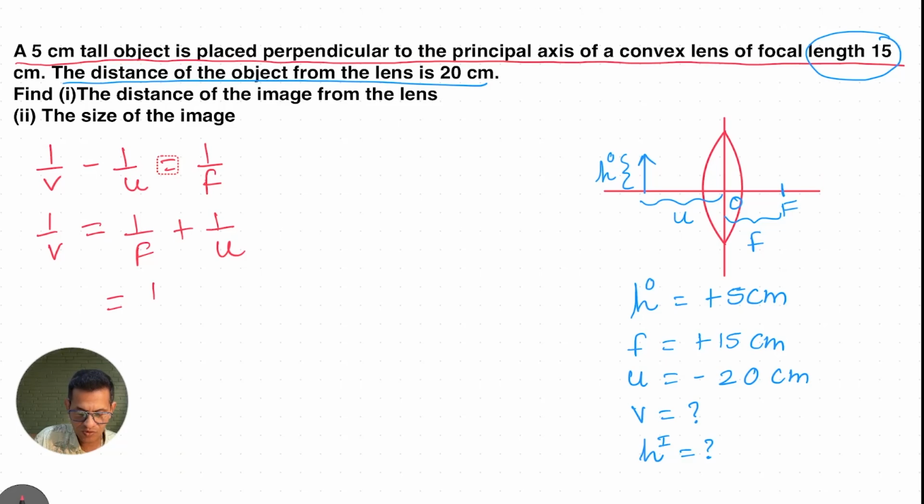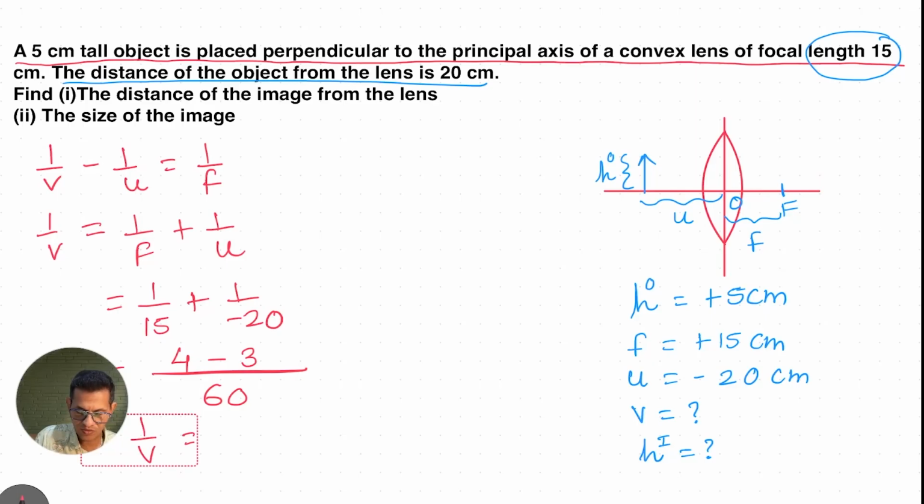Let's substitute the values. f is 15, so 1 upon 15 plus 1 upon negative 20. Now the LCM of 15 and 20 is 60. So I'll get 15 multiplied by 4 is 60, negative sign as it is, 20 into 3 is 60. Therefore, I get 1 upon v as 1 upon 60.